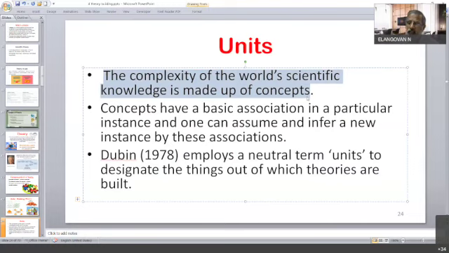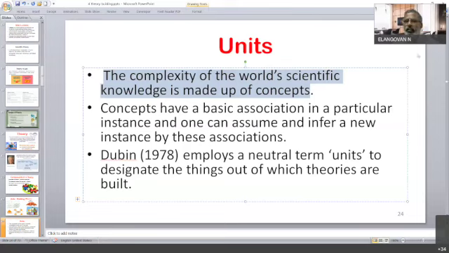You take Newton's theory. How many concepts are there in Newton's theory? Can anybody tell what the concepts are within Newton's theory? Anyone? Because I'm taking an example of a simple theory because everybody knows it. Frequently we talk about it. Yeah, so somebody has answered.